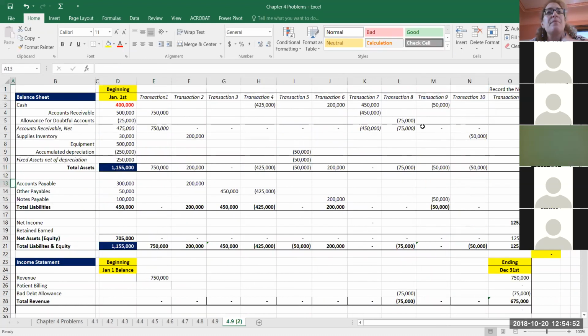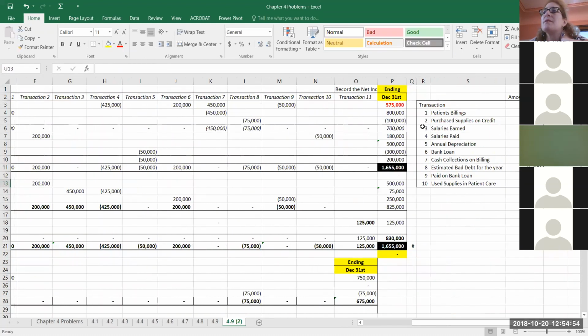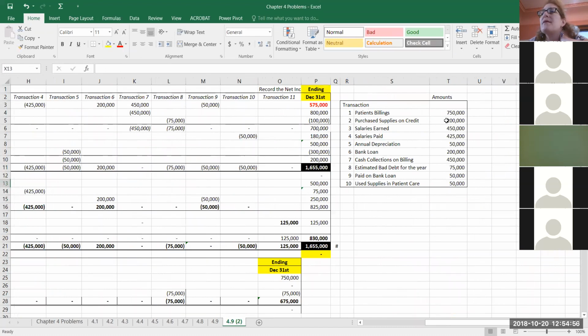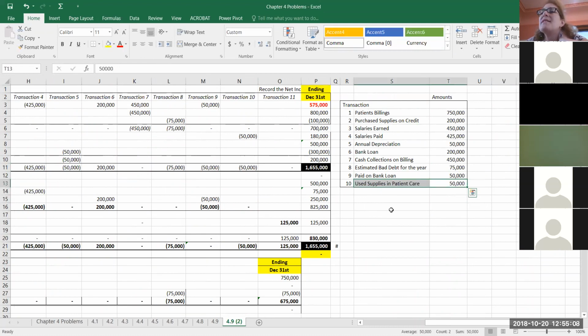We had a transaction, I think. Let's see, didn't we? Accounts payable, 200. Let's see. Purchase supplies on credit. So I don't know that we actually... Transaction 10. What was that? Is transaction 10 the 50K? Yeah, no, that's when we actually use the items.